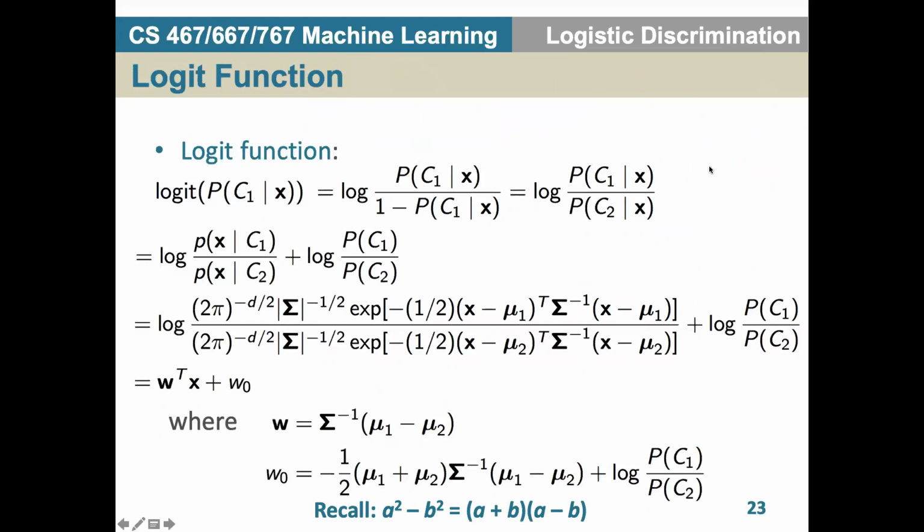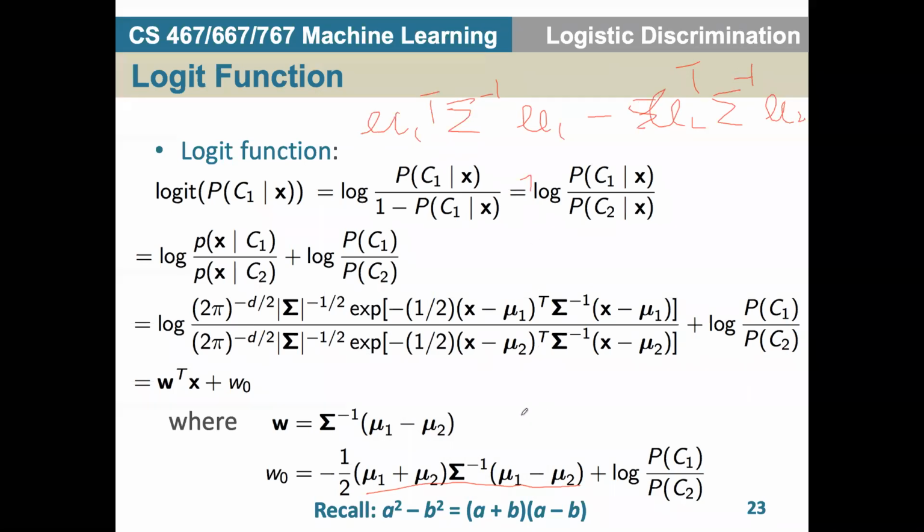So basically, this term is equivalent to what? We want mu1 transpose sigma inverse mu1 minus mu2 transpose sigma inverse mu2. So we want to show that these two are equivalent. So they are really equivalent, right?